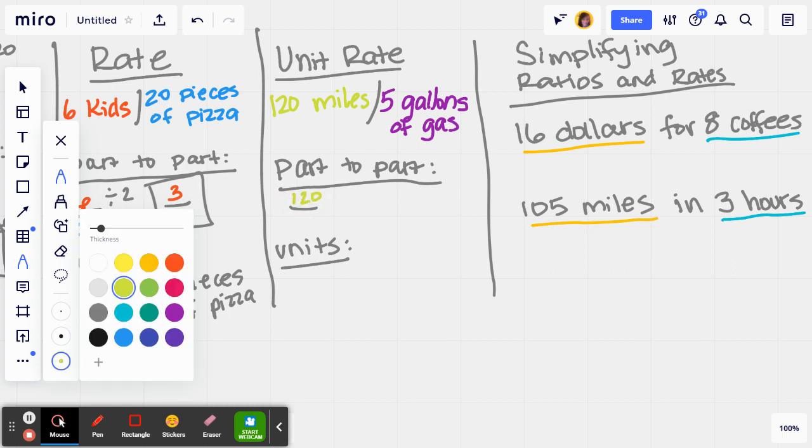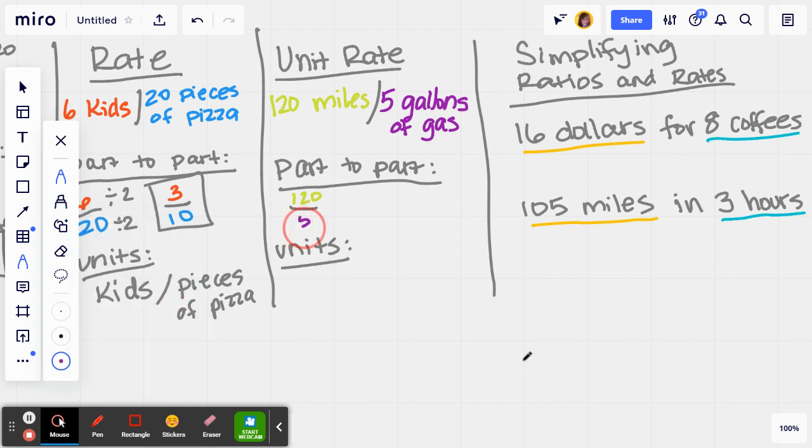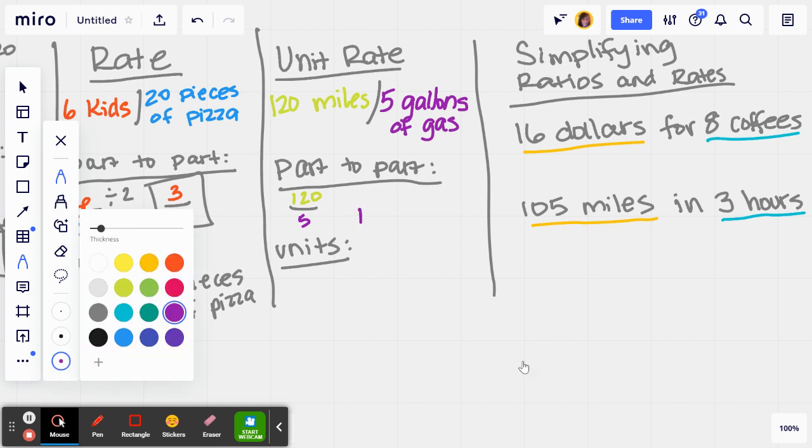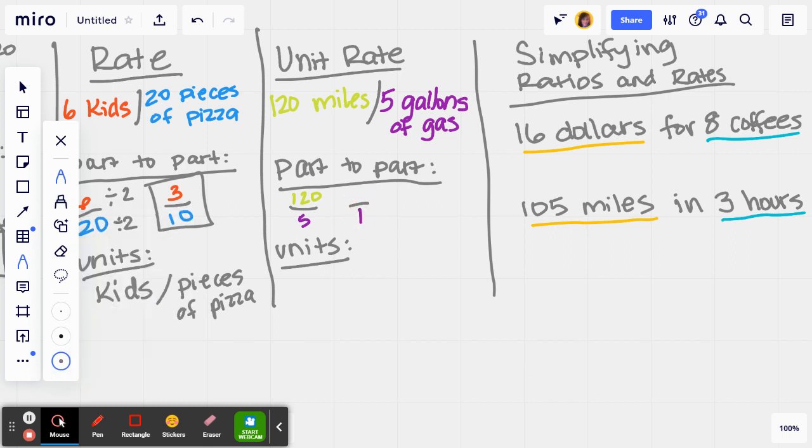And on the bottom you have 5. Okay. So what I want is for the bottom to be a 1. So your job is to figure out how can we make basically an equivalent fraction, right? It's very much like that process. So what number do you think would go on top?